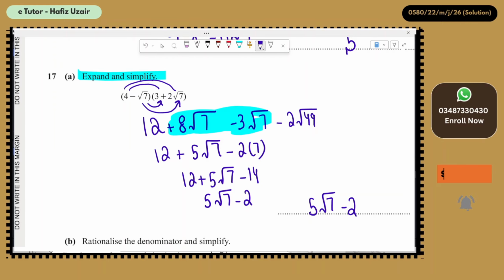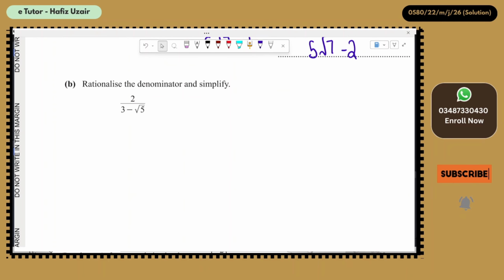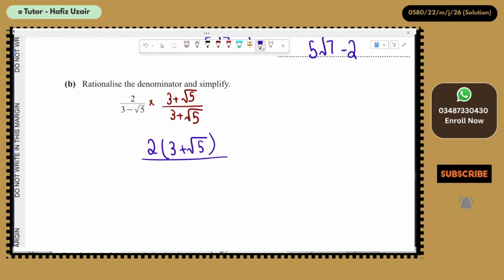Hopefully you understand this. Let's do the B part of this question. In the B part, you need to rationalize the denominator. For that, you need to multiply it by 3 plus square root 5 over 3 plus square root 5. So this becomes 2 into 3 plus square root 5 over 3 minus square root 5 into 3 plus square root 5.